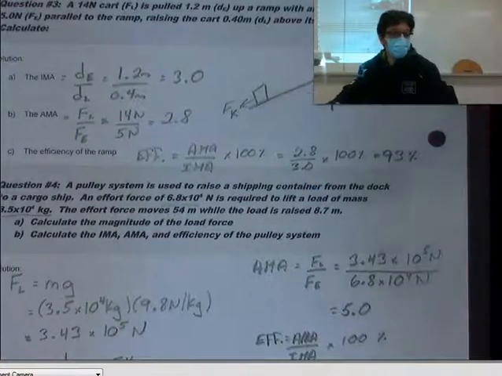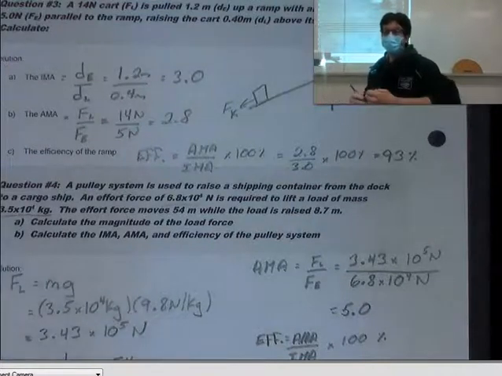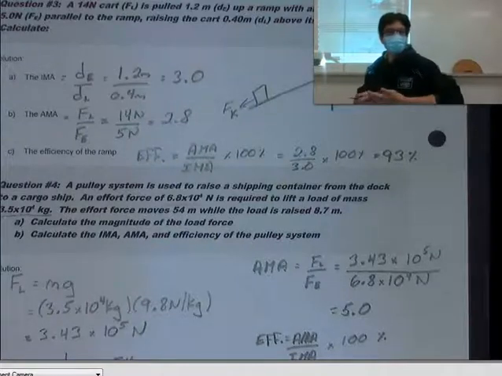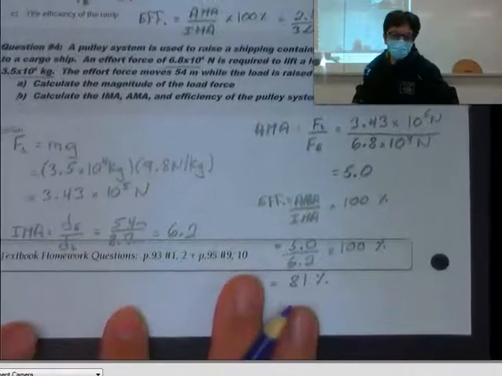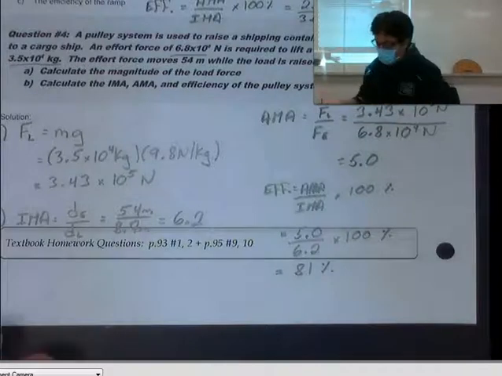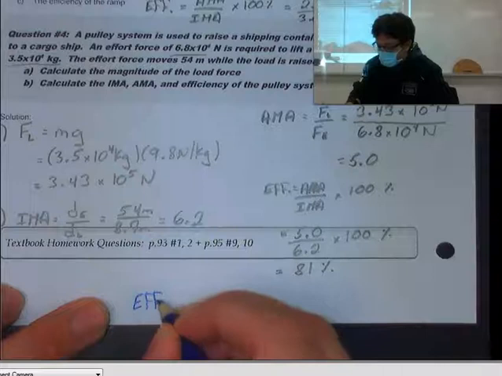Now, you would multiply your mechanical advantages, because you get even more force in your load for less effort. So your mechanical advantage would increase, but your efficiency wouldn't increase because now you have to deal with more frictional forces.